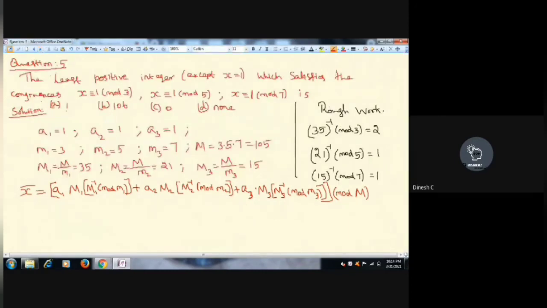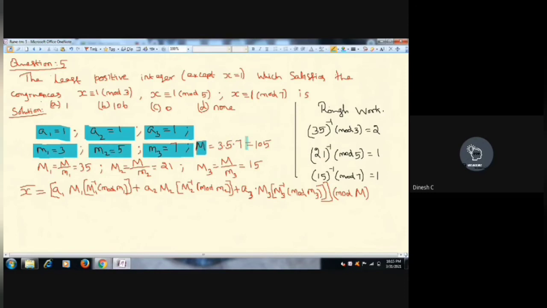The least positive integer except x equal to 1 which satisfies the congruences x congruent 1 mod 3, x congruent 1 mod 5, x congruent 1 mod 7 is. By comparing the Chinese remainder theorem with this question, you get a1 equal to 2, a2 equal to 1, a3 equal to 1, m1 equal to 3, m2 equal to 5, m3 equal to 7, and capital M equal to 105, and capital M1 equal to 35, capital M2 equal to 21, capital M3 equal to 15.